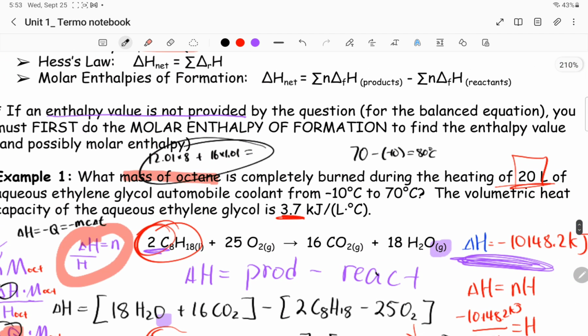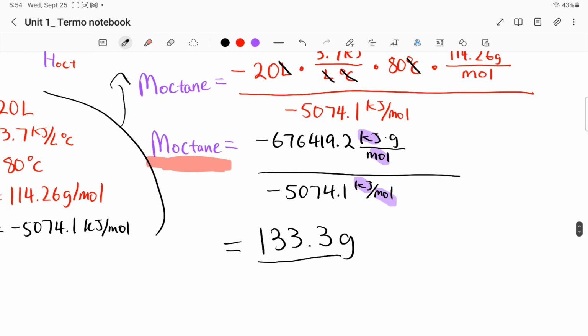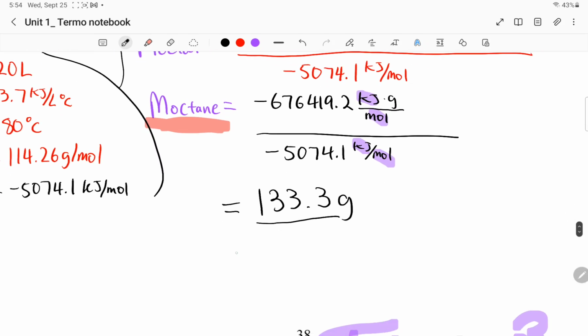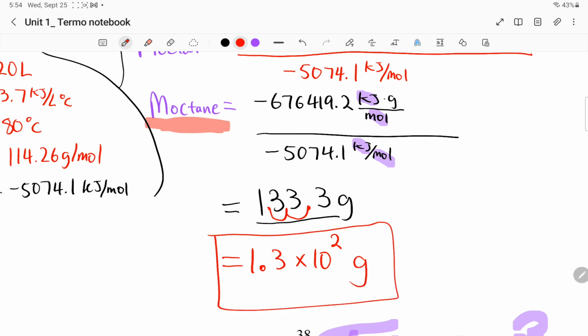If we go up, the numbers we used, the smallest was 2 significant digits. So we have to make sure that this is to 2 significant digits. So to do 2 sig digs, we're going to move this decimal point 2 times. So that'll be 1.3 times 10 to the power of 2, the twice that I moved it, and then grams. So that's going to be our final answer.